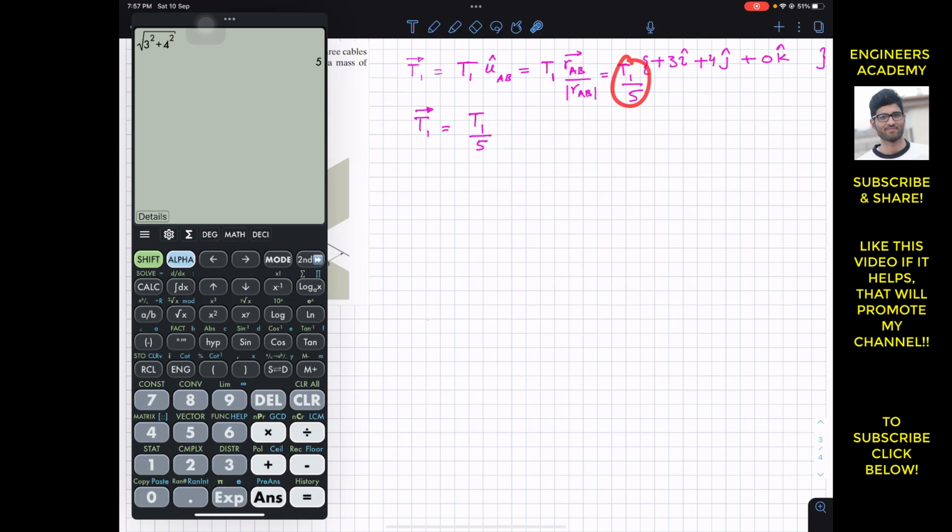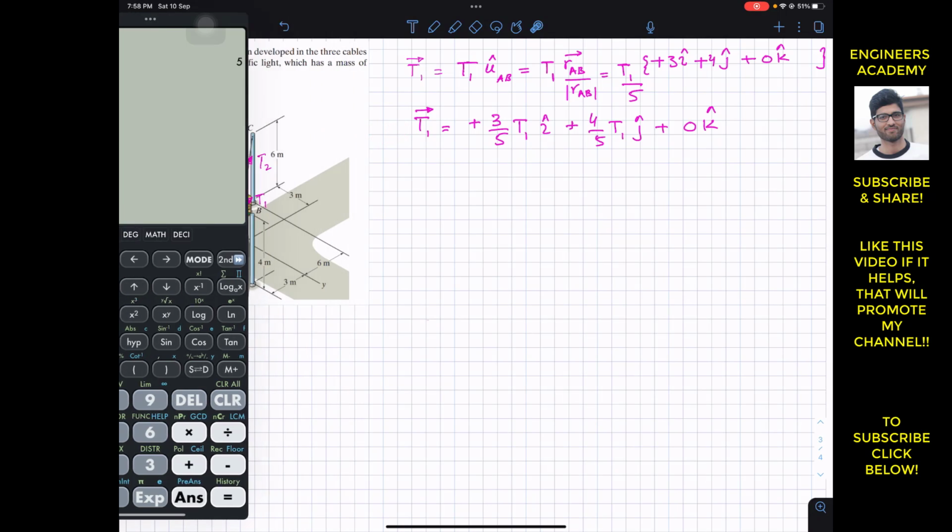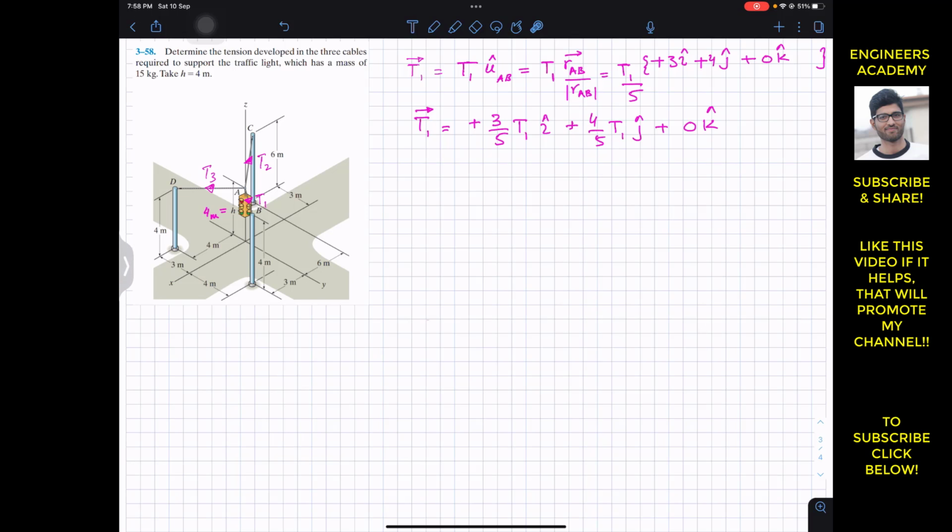Now we multiply this ratio with each component of the position vector. This gives us plus 3 divided by 5 T1 i plus 4 divided by 5 T1 j plus 0k. This is the Cartesian vector representation of T1, which is acting from A to B.